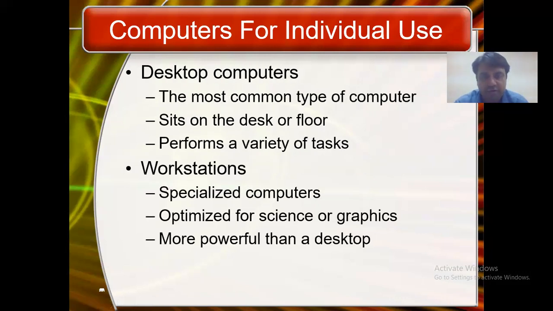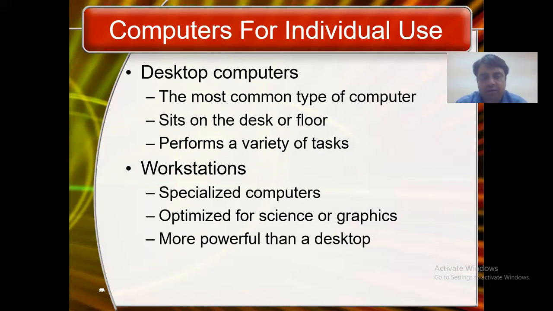The desktop computers are the most common type of the computer. Normally every home consists of a desktop computer, or we can replace desktop with laptop computer. Both lie in the same category, sits on the desk or floor. I'm primarily talking about the desktop computer, and it definitely performs a variety of tasks.